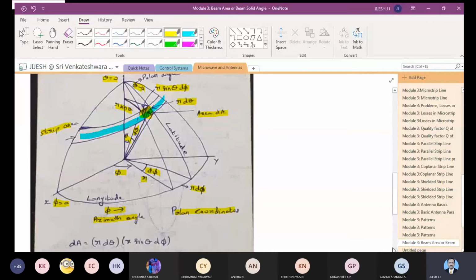The equation you're going to get for that small area dA is r d theta times r sin theta d phi, so you get r square sin theta d theta d phi. That is the small incremental area dA. All of you can complete this figure, and we'll proceed further with the equations.